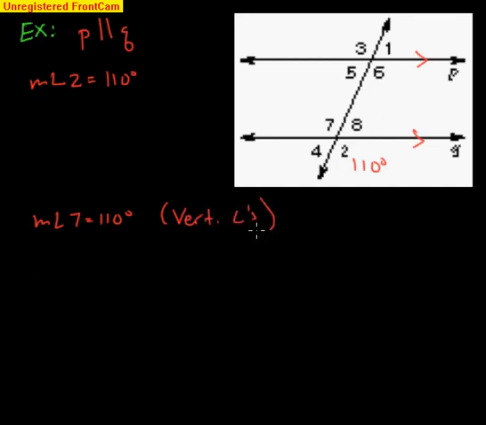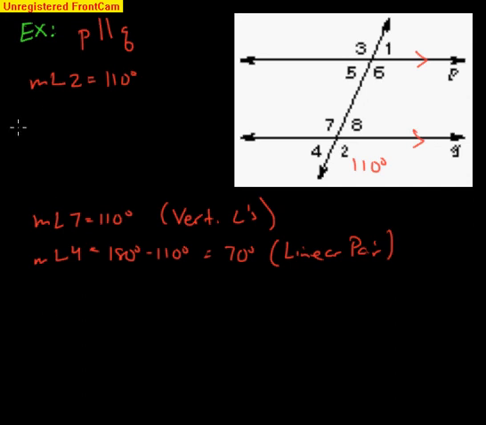This is something we haven't even talked about today, but you have to remember, vertical angles are congruent. Angle 2 and angle 4 are supplementary because they're a linear pair. So the measure of angle 4 is going to be 180 minus 110 degrees, which means it's going to be 70 degrees. And that's because they are a linear pair.